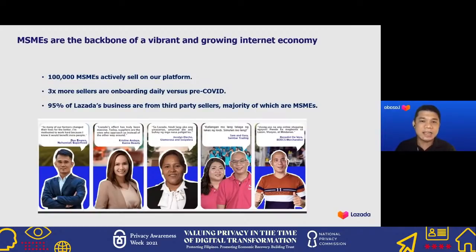So there was really a rise in onboarding of sellers. And 95% of our business are from third-party sellers. So these comprise a majority of MSMEs. So I won't talk much about the people that you see on the bottom of the slide, but these are various owners of business that have been helped by Lazada over this pandemic.